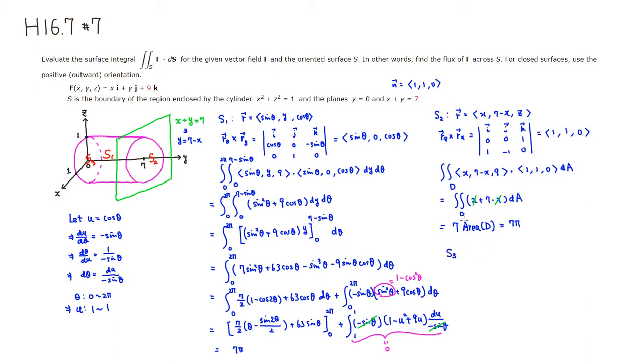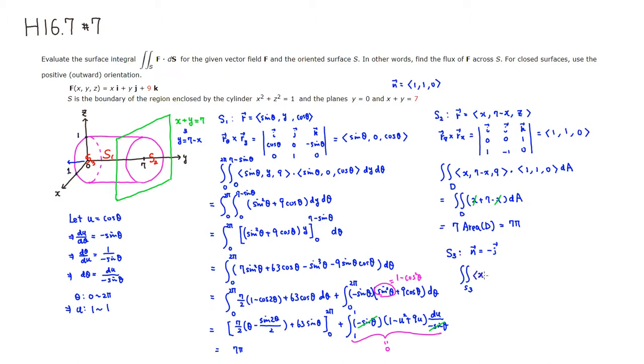Now S3, hopefully this is a simple one. This is the easiest one because the unit vector is pointing in the negative y direction. So we know that the normal vector n is negative j. So you have an integral over S3. Since this is on the xz plane, the y value is 0.